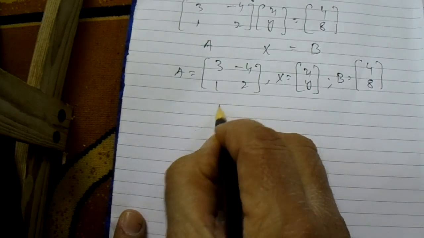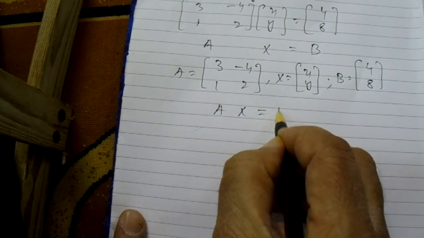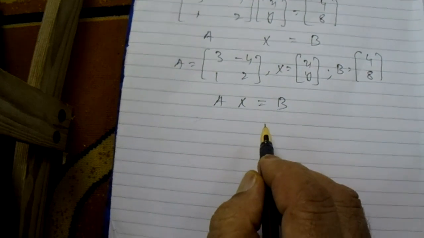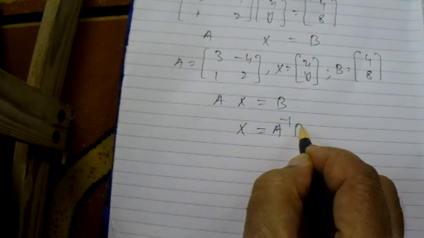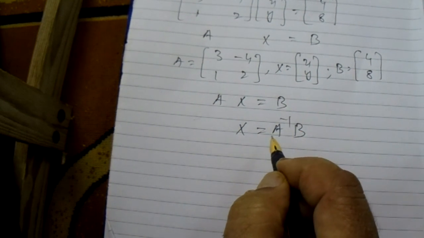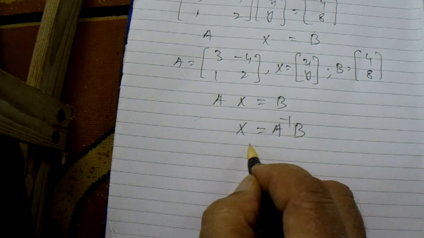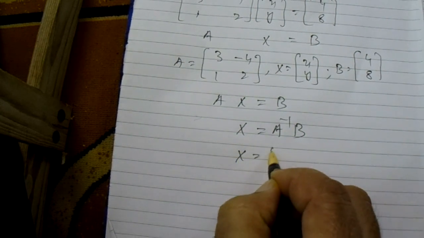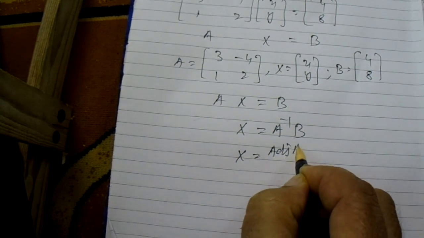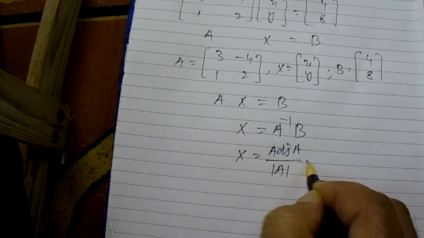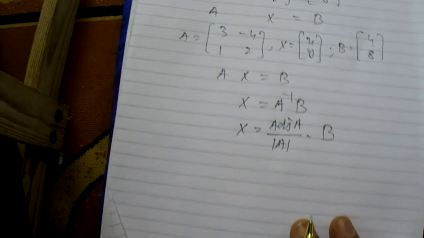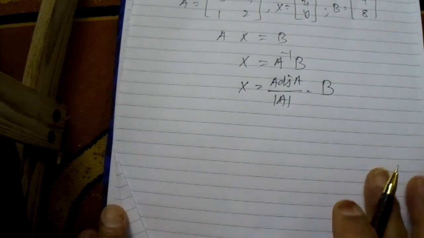Now again we write AX is equal to B, and X is equal to A inverse B. We write here, A inverse is equal to adjoint A over determinant A, so X is equal to adjoint A over determinant A multiplied by B.